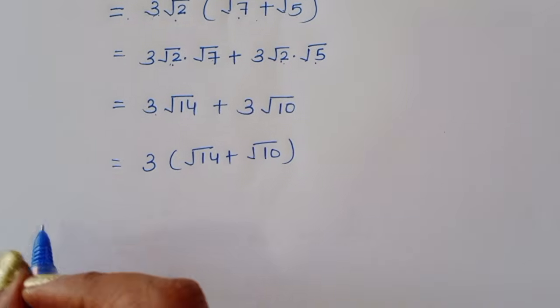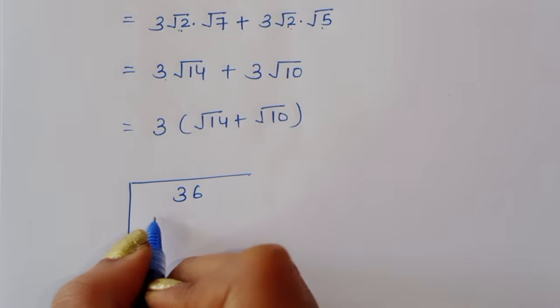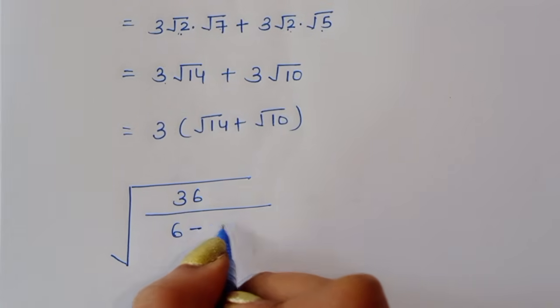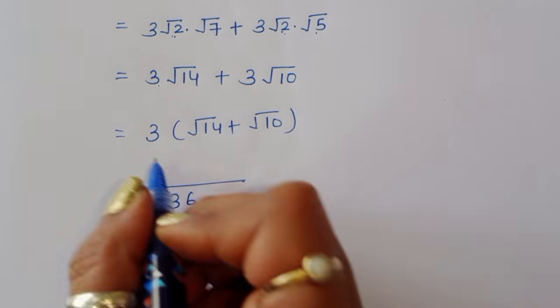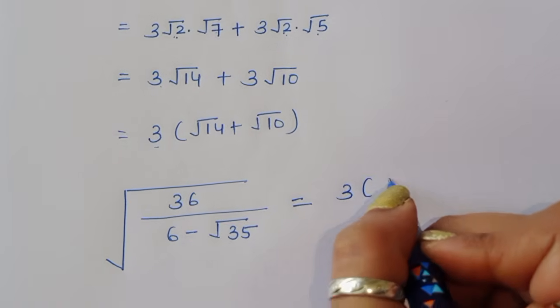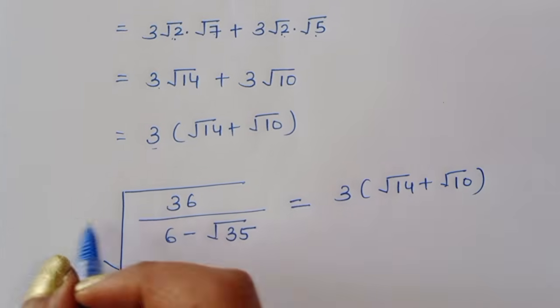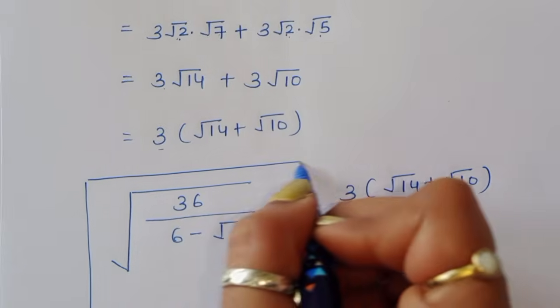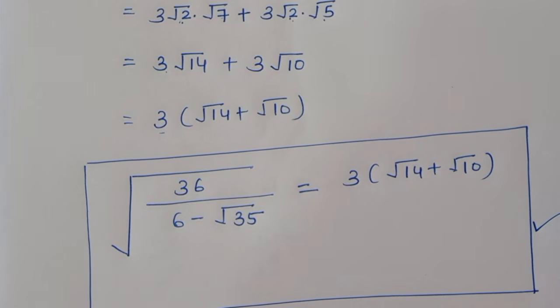So the value of 36 divided by 6 minus square root of 35 is 3 times square root of 14 plus square root of 10. This is the solution. Thank you.